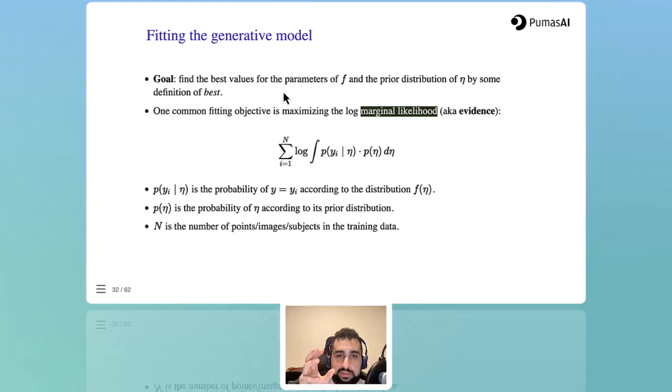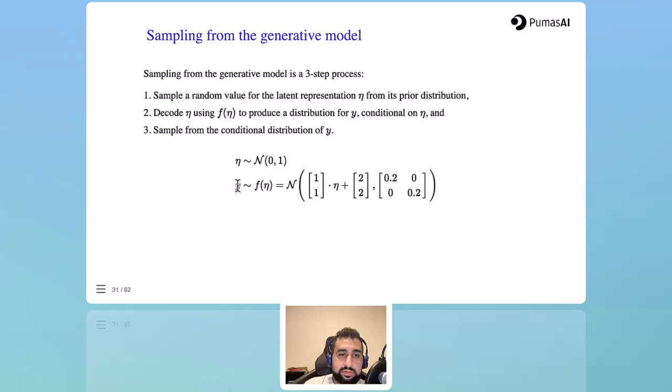If you're familiar with the Kullback-Leibler divergence, maximizing the marginal likelihood is asymptotically equivalent, with a large number of points, to minimizing the KL divergence between the unknown true data generating distribution and the marginal distribution of y here.